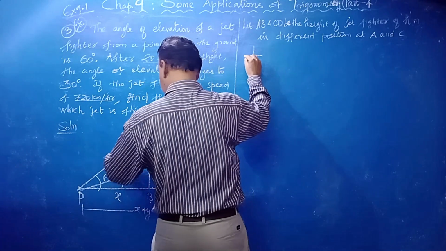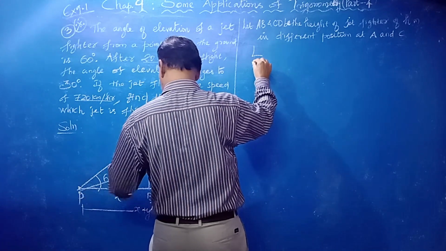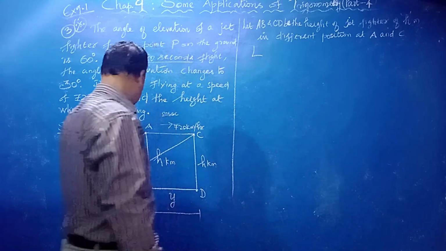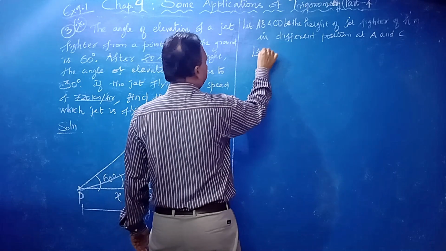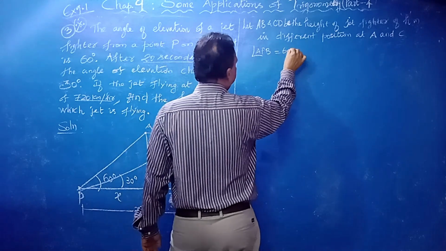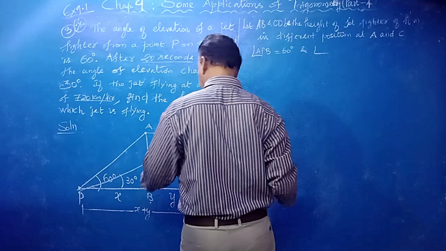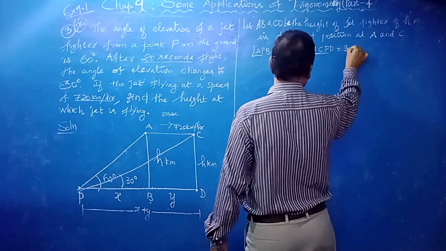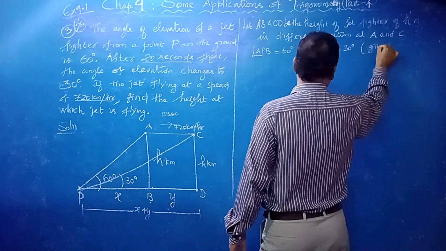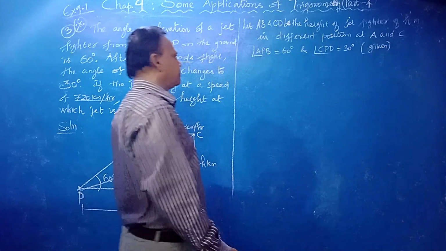The angle APB is 60 degree, and angle CPD is 30 degree. It is given. Understand?